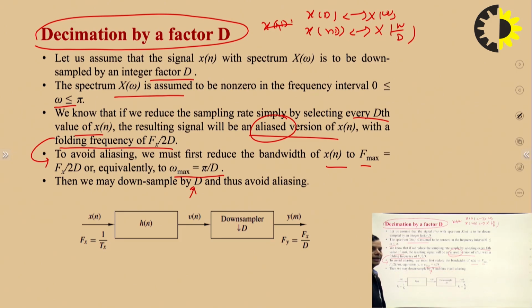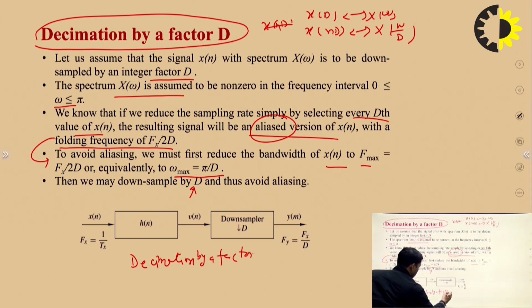The block diagram for decimation by a factor D is given by this picture. First of all, the input x(n) is applied to the anti-aliasing filter, whose impulse response is h(n), and we get the output v(n).